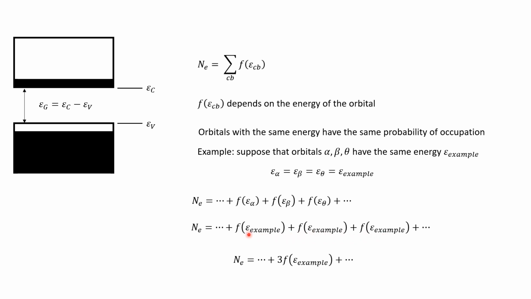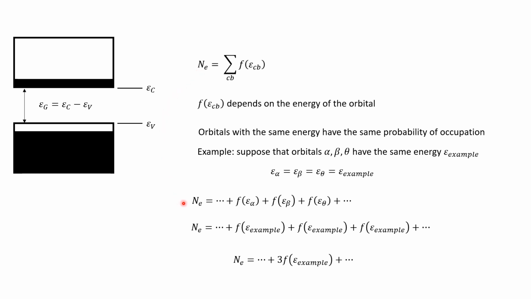So instead of adding this same number three times, we could just get the number of orbitals that has this energy and multiply by the probability. So this is the way we're gonna evaluate this sum in this lecture.